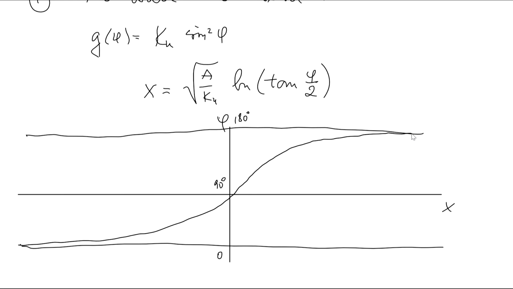So there will be a gradual change. If you look at the spins here, it would be 0, pointing up. Here it would be 180 degrees, pointing down. In the middle, it would be at 90 degrees, pointing this way. And in between, there is a gradual change from 0 to 180 degrees.